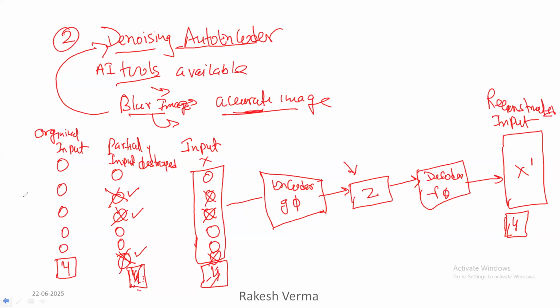Now after this we talk about one more, the variational autoencoder. The variational autoencoder is more effective than a denoising autoencoder. It performs some probabilistic operations in the encoding part as well as probabilistic calculation in the decoding part.